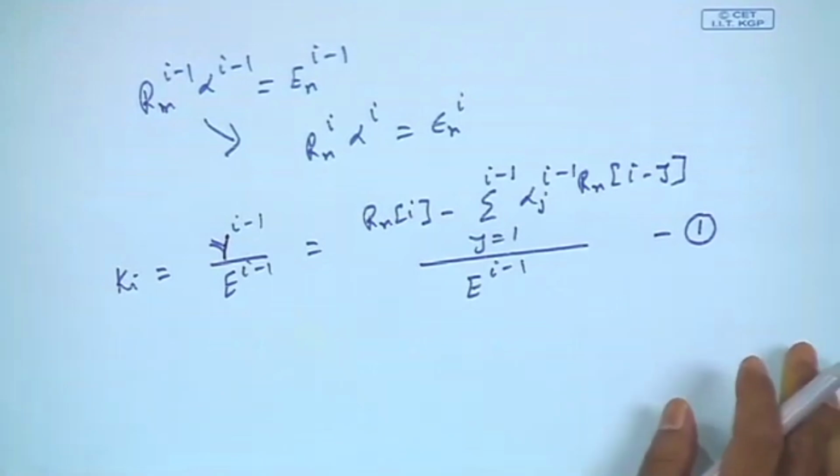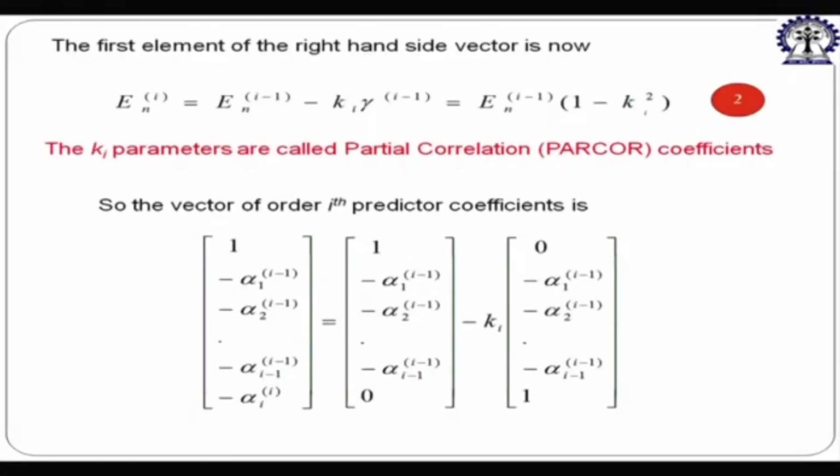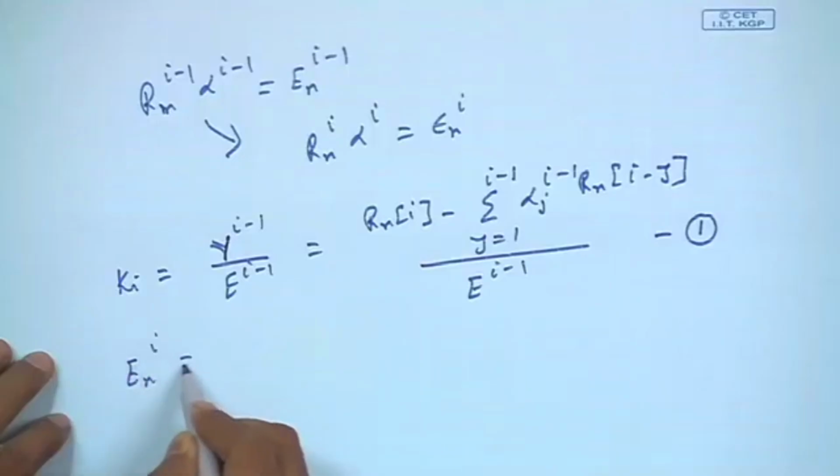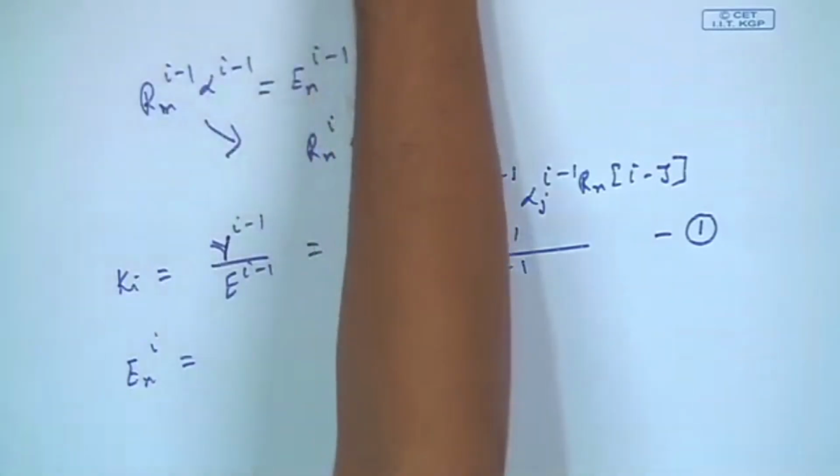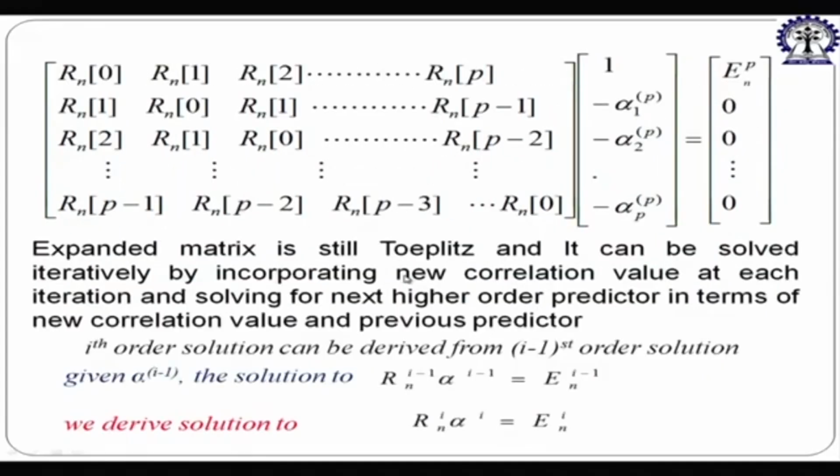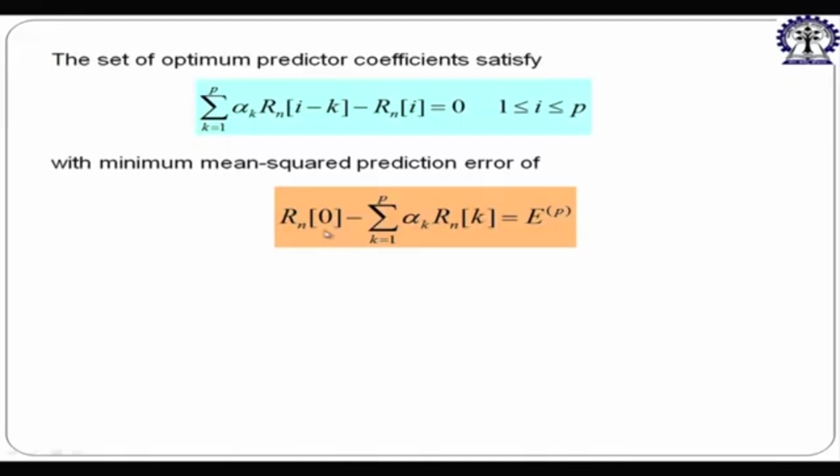Now, if this is k_i, then what is E_n(i)? I can write E_n(i) as R(0) minus the sum of alpha_k r_n(k).